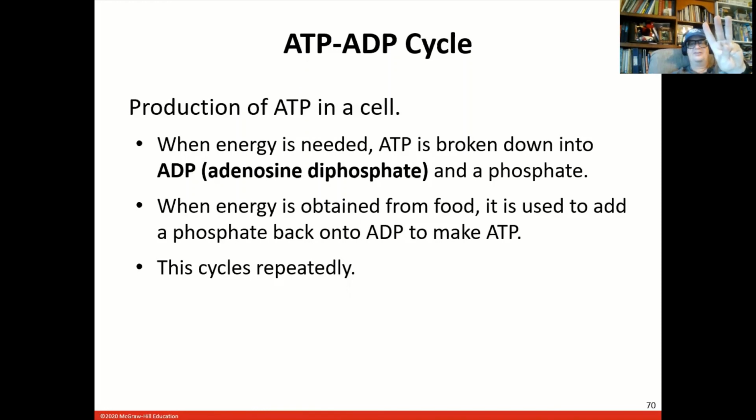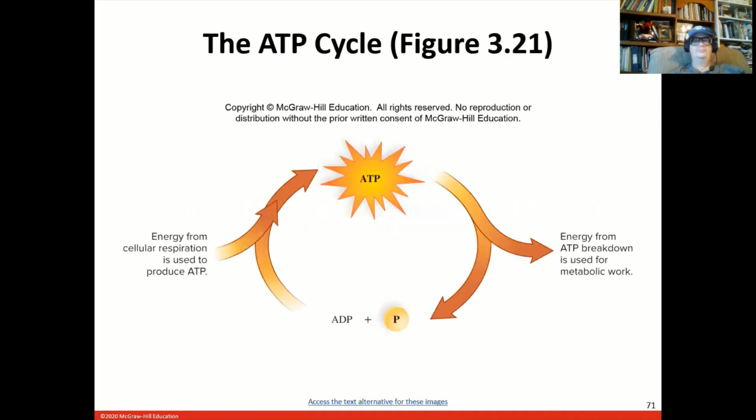And that takes energy, but whenever this unstable molecule falls apart, you have ADP left and a free phosphate that goes off to do other things. When we get energy from food, we can phosphorylate to make ATP. Everybody good with that? All right.